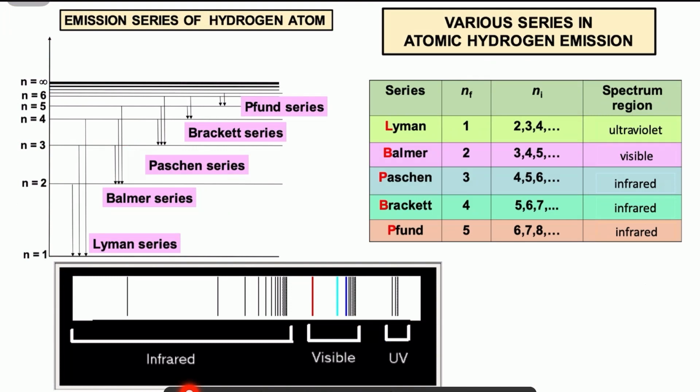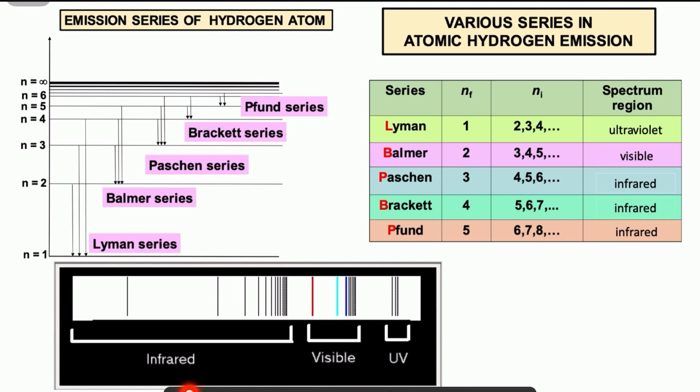Emission series of the hydrogen atom. As you know, in 1 mole of hydrogen atoms, there are Avogadro number of atoms. So the electron in each atom is not the same. Maybe the electron in one atom is at n equal to 2, and in another atom the electron is located at n equal to 4.